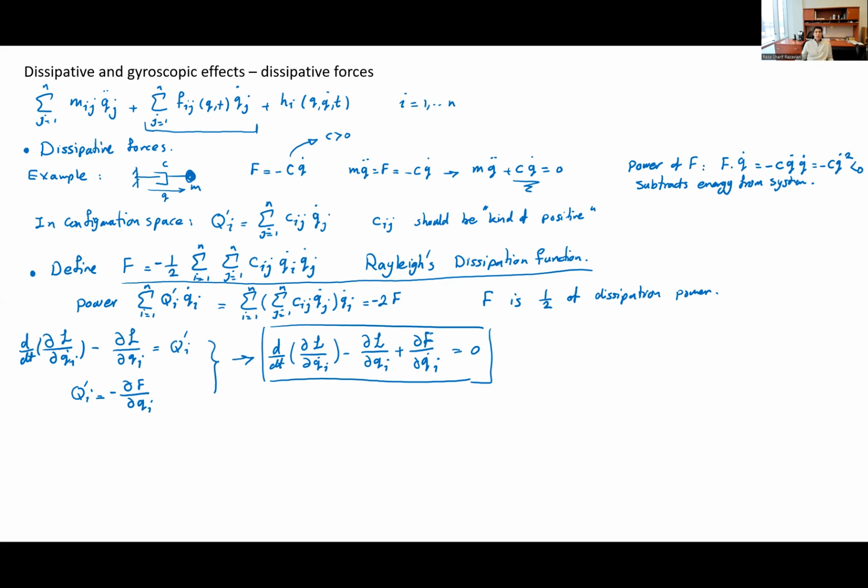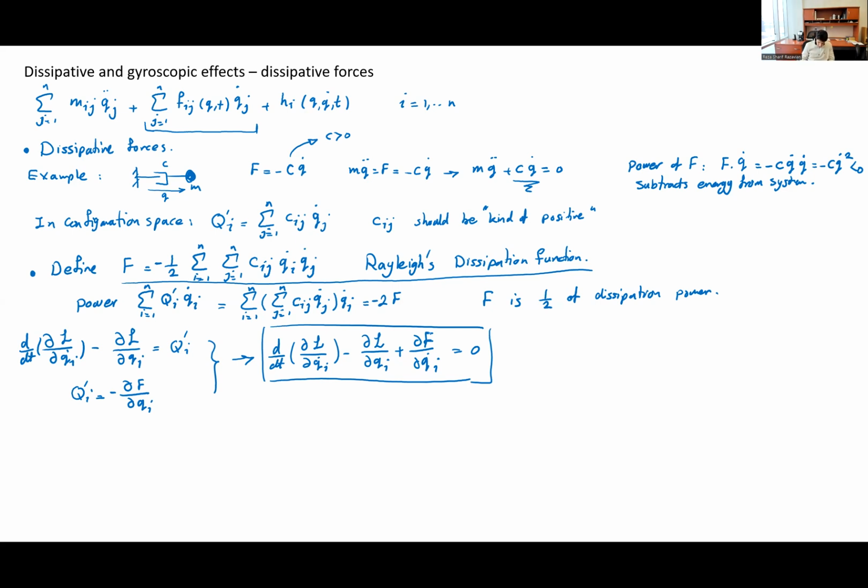The point is that, similar to whenever we were working with energy, it was easy. Working with forces was a little more cumbersome. Here we are working in an energy domain. It is sometimes a lot easier to find F rather than these Q's explicitly.